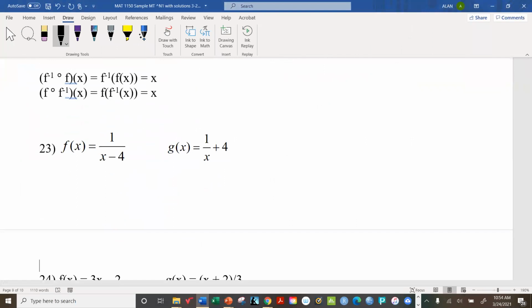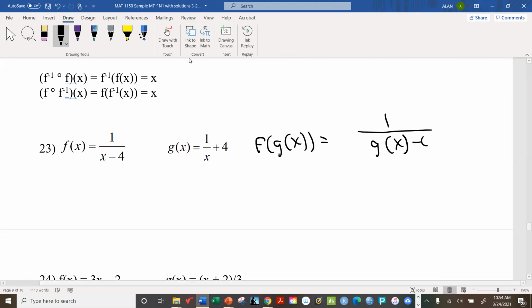For the first one, instead of f and f inverse, we have f and g. So we start out by trying to demonstrate that f of g of x equals x. So f of g of x means wherever there is an x, replace it with g of x. So this x becomes g of x. And then you make the actual substitution.